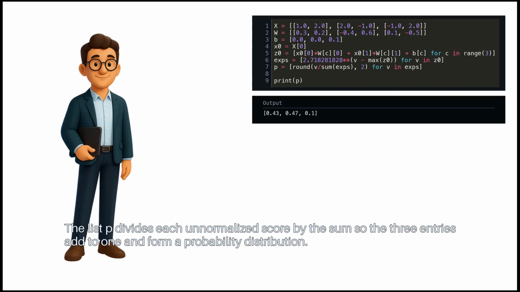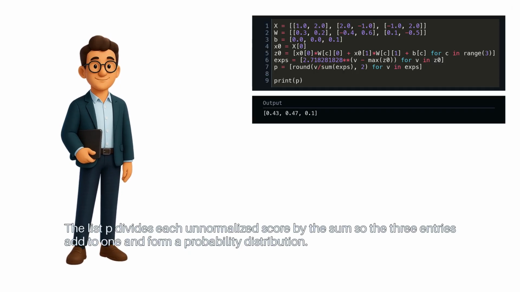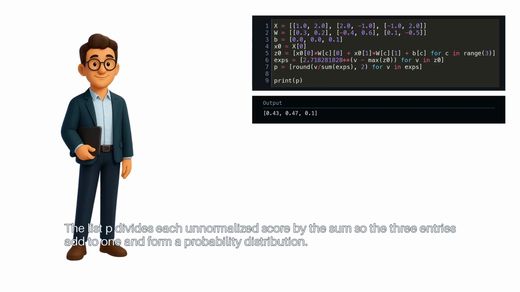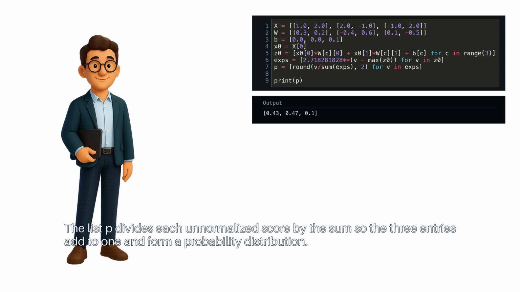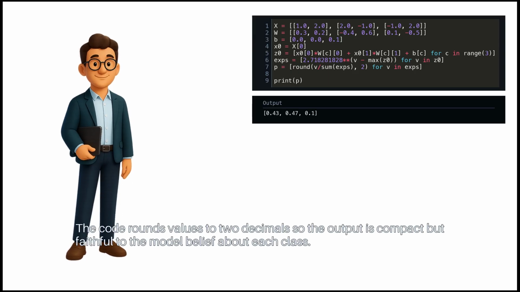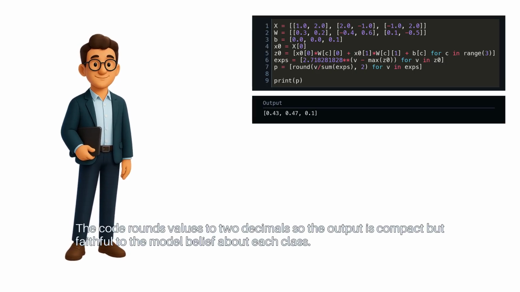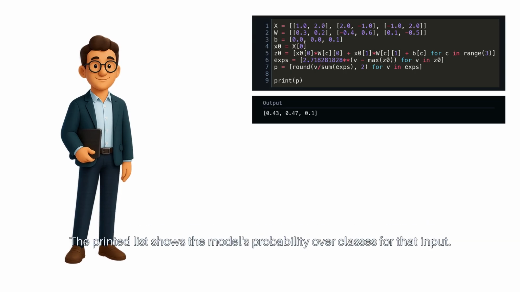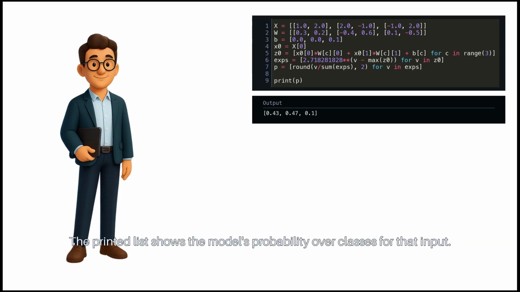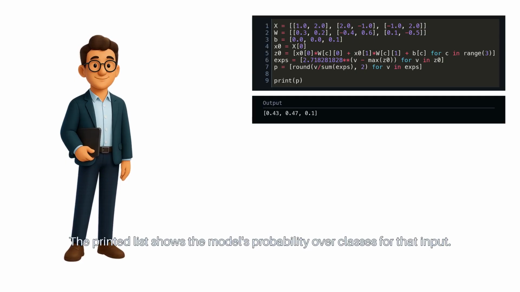The list P divides each unnormalized score by the sum, so the 3 entries add to 1 and form a probability distribution. The code rounds values to 2 decimals, so the output is compact, but faithful to the model belief about each class. The printed list shows the model's probability over classes for that input.